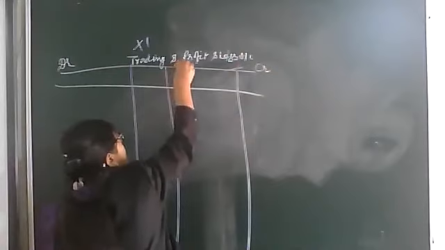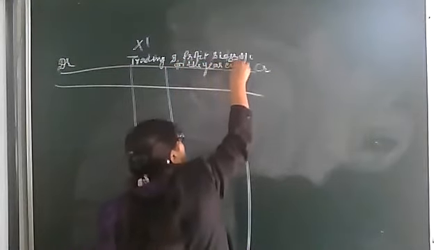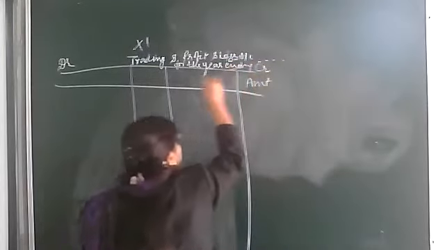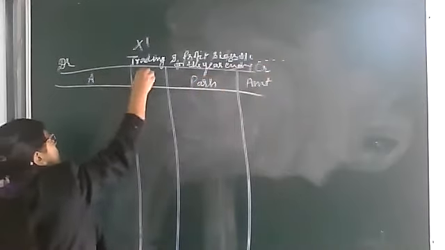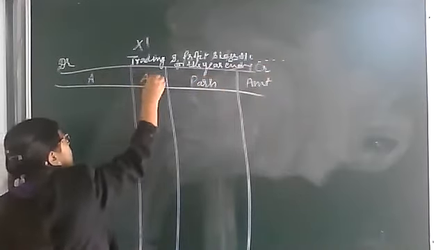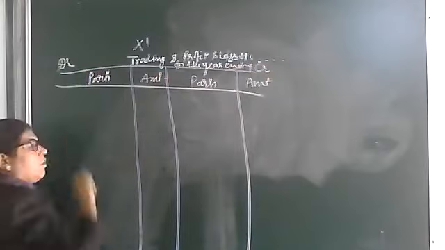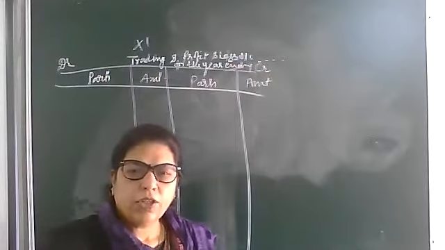So here for the year ending, particulars, amount, particulars. Two-sided.